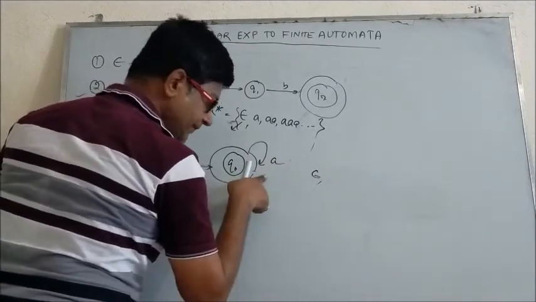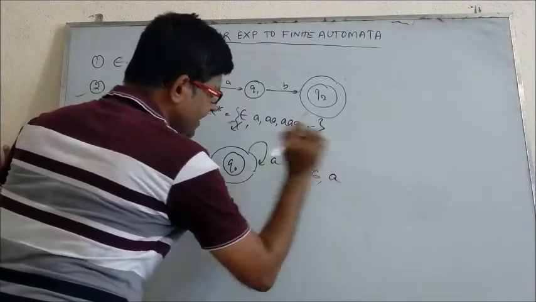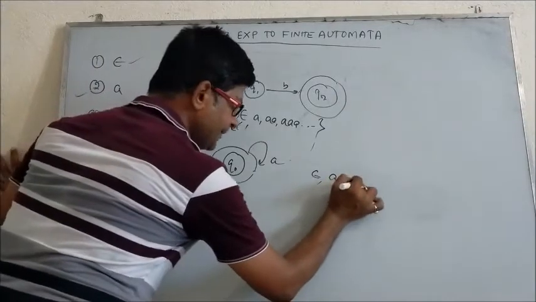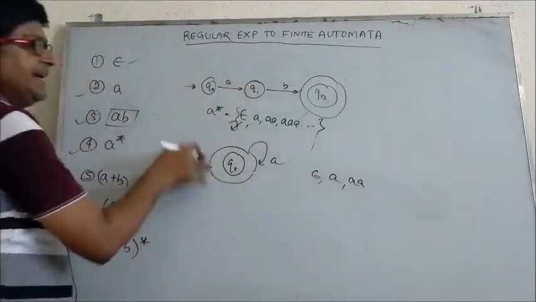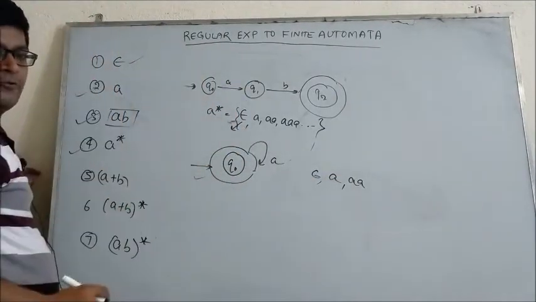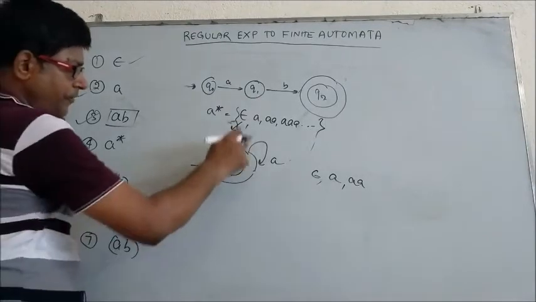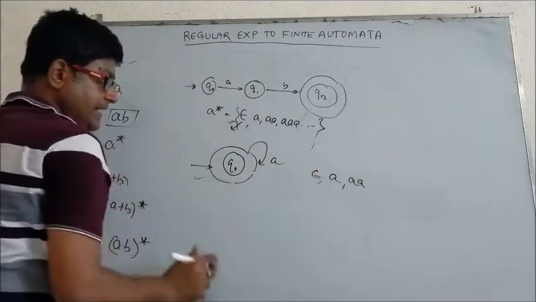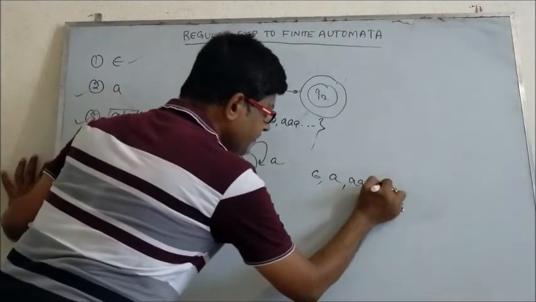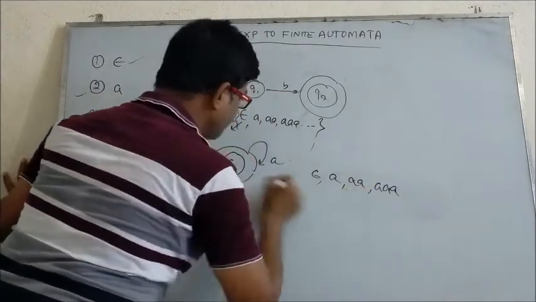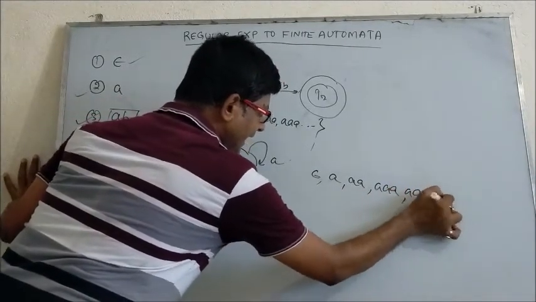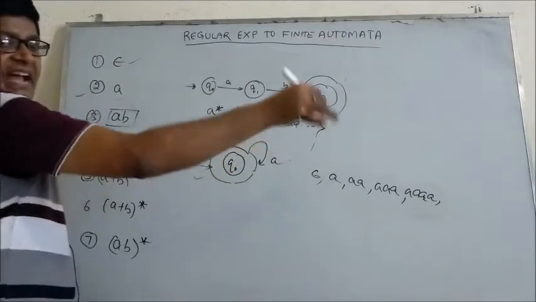Epsilon will be accepted. For 1 A it will be accepted. Looping for 2 A, AA, it is also accepted. Looping means you can iterate as many times as you want. 1 time loop will generate A. 2 times loop will generate AA. 3 times loop will be AAA. 4 times loop will be AAAA. 5 times it will be AAAAA.